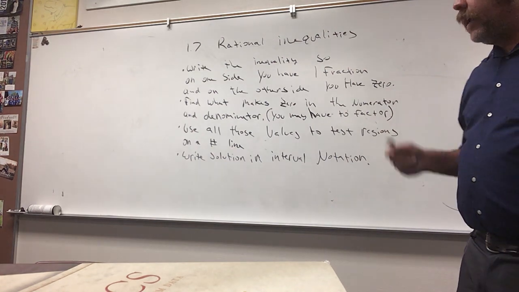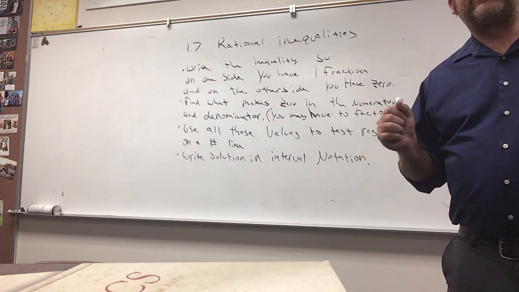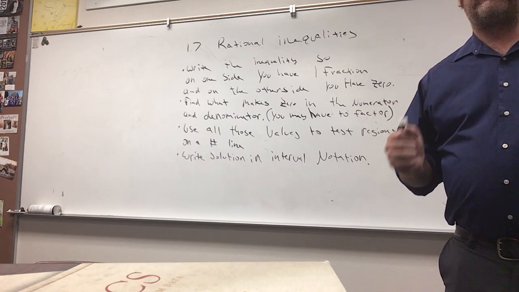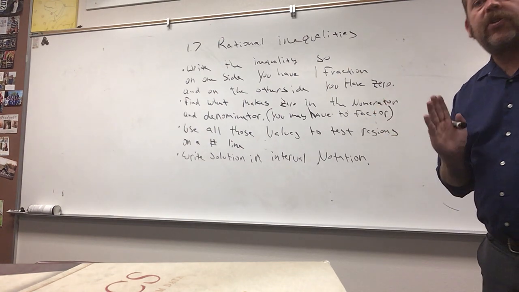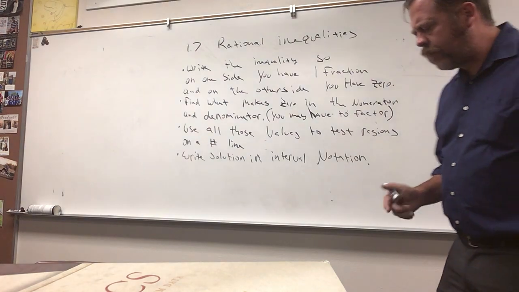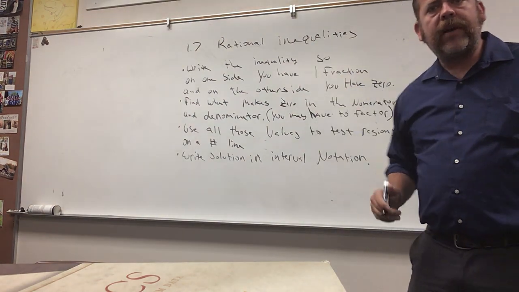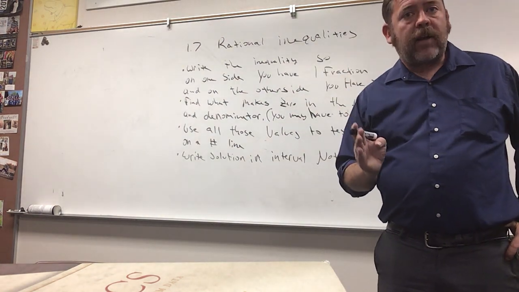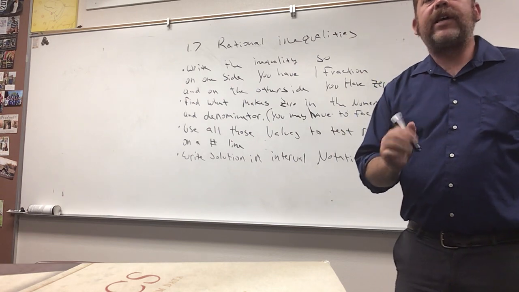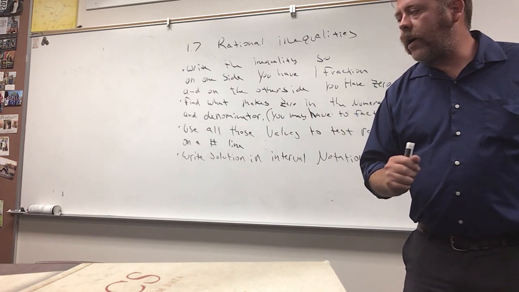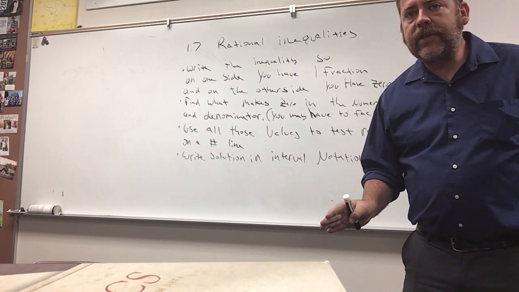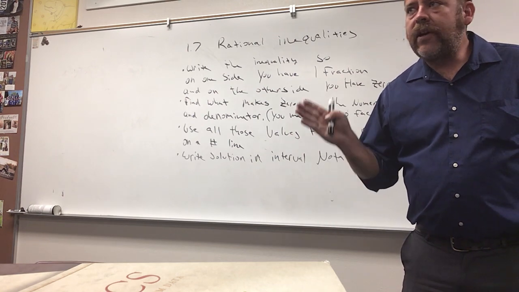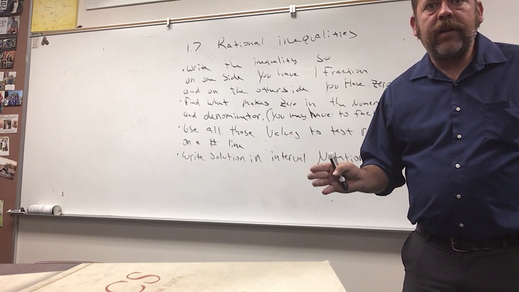And then any number that makes the numerator 0 or the denominator 0, those are going to be special values, okay? We're going to plot every single one of those points on a number line, and we're going to have to test every region in between all of the points. So let's say our smallest number that we got was -3.